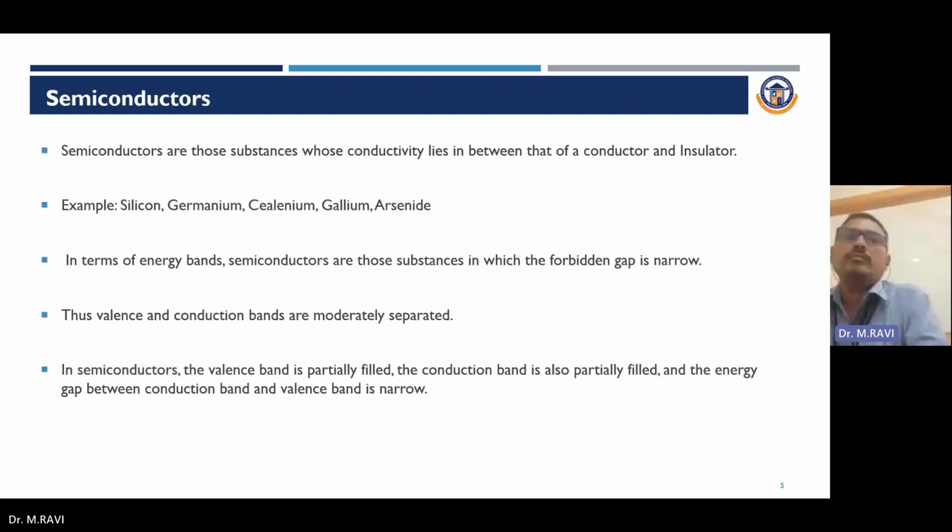It is not an overlap. Thus the valence band and the conduction band are moderately separated. In a semiconductor, the valence band is partially filled, the conduction band is also partially filled, and the energy gap between the conduction and the valence band is narrow.